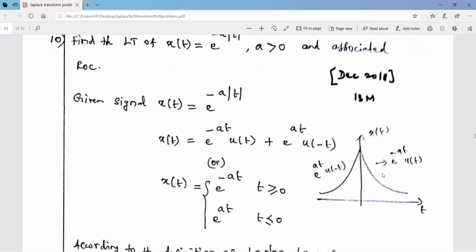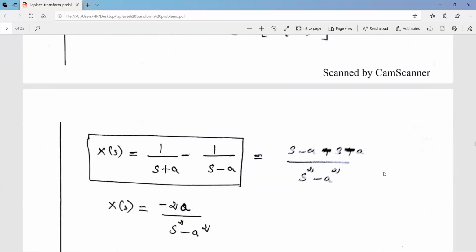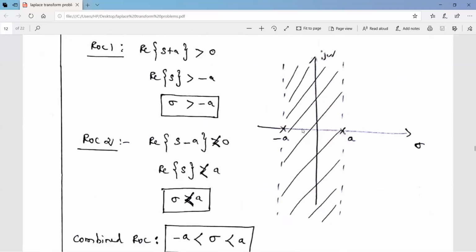For a two-sided signal, the ROC is the mid region between the poles, since the signal is available for the entire time.